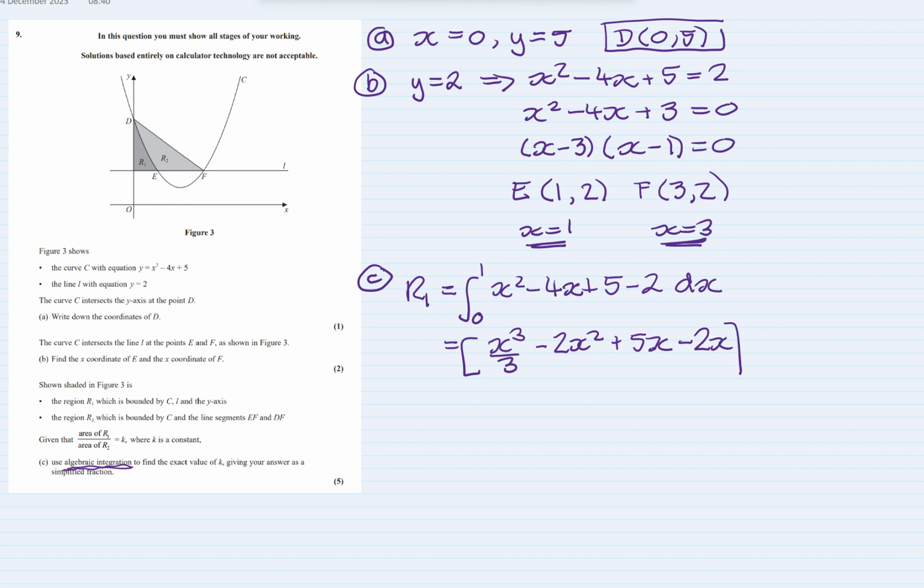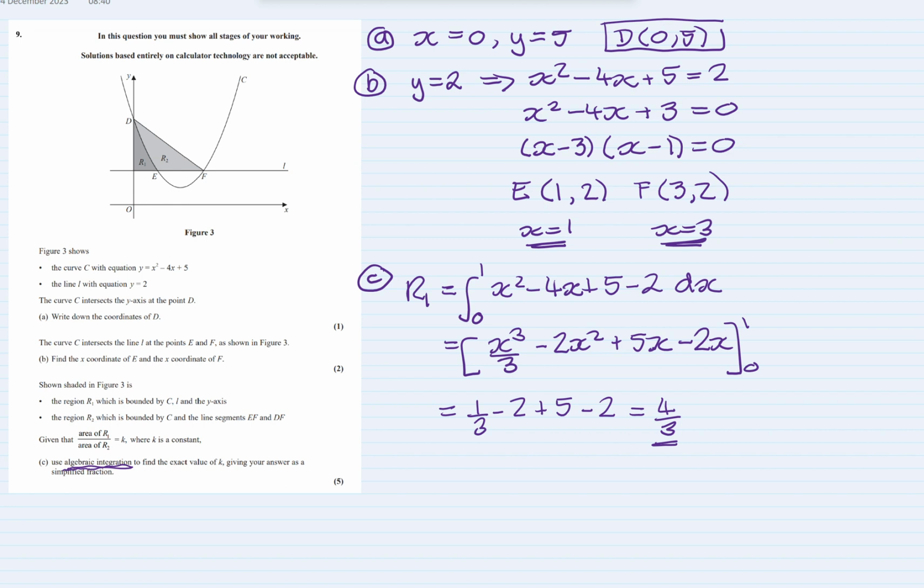I could have obviously combined those two into 1 a little bit sooner. That would have been a bit tidier, between 1 and 0. Obviously, all of these terms are going to be 0 when x equals 0. So I'm just going to substitute in the upper limit, which is going to give me 1/3 minus 2 plus 5 minus 2, which is equal to 4/3. So we know that my area for R1 is 4/3.